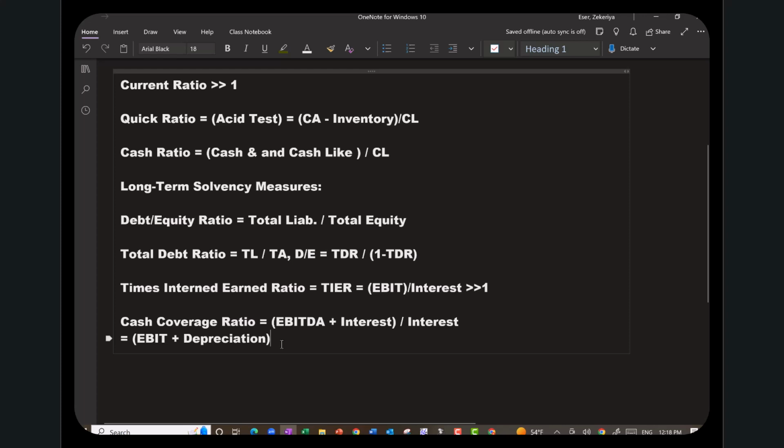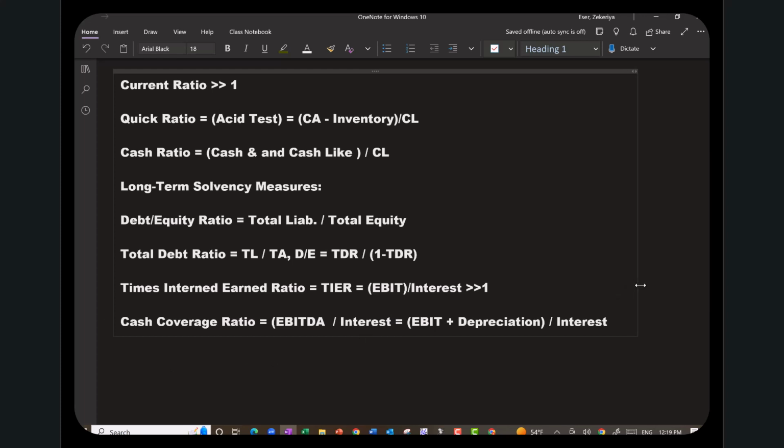Actually, that is EBITDA, I'm sorry. Either way works fine. Recognizing that depreciation is not a cash expense, to what extent are you able to cover your debt service. That's all that means. It's kind of a refined version of times interest earned.